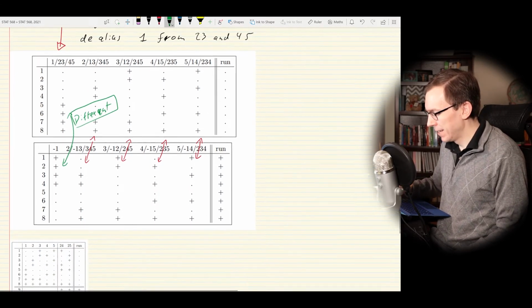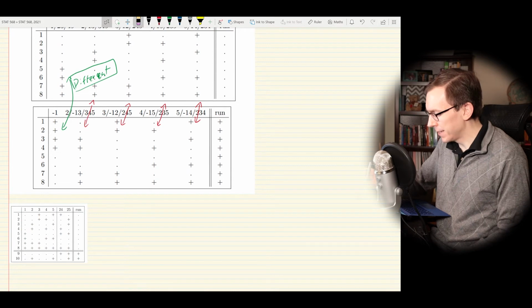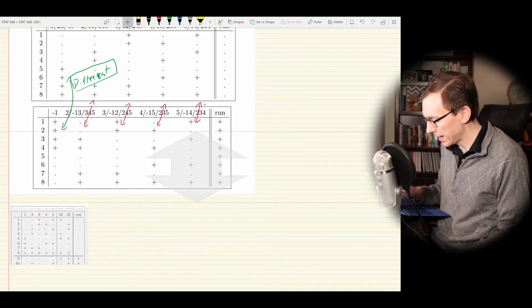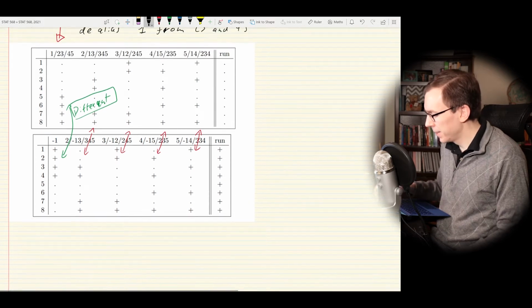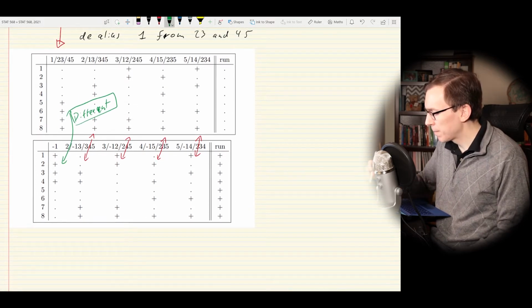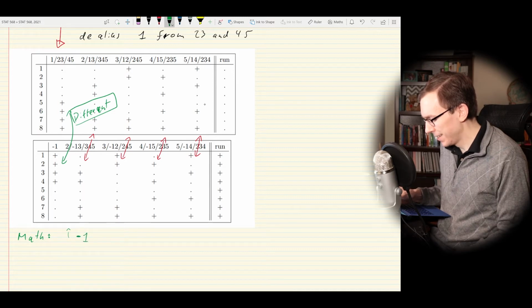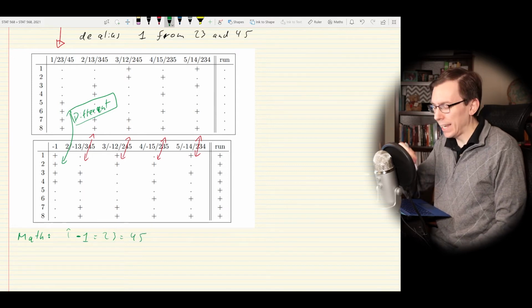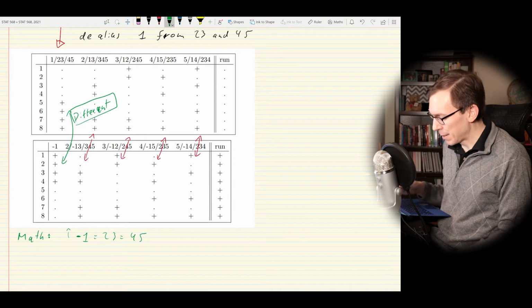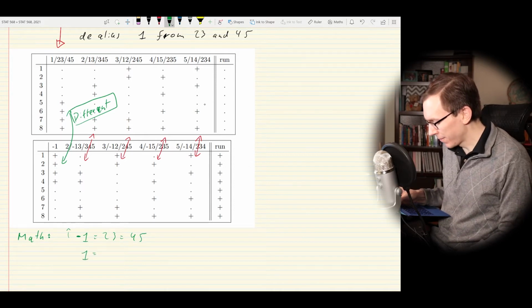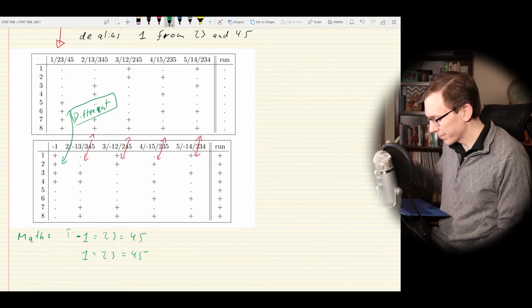Well, from a mathematical perspective, we have a new aliased group for table number 2, which is -1 is equal to 2, 3 is equal to 4, 5, compared to what we had originally, which is 1 is equal to 2, 3 is equal to 4, 5.